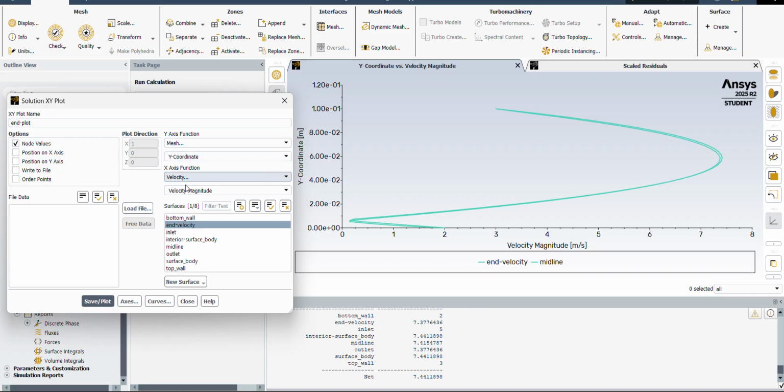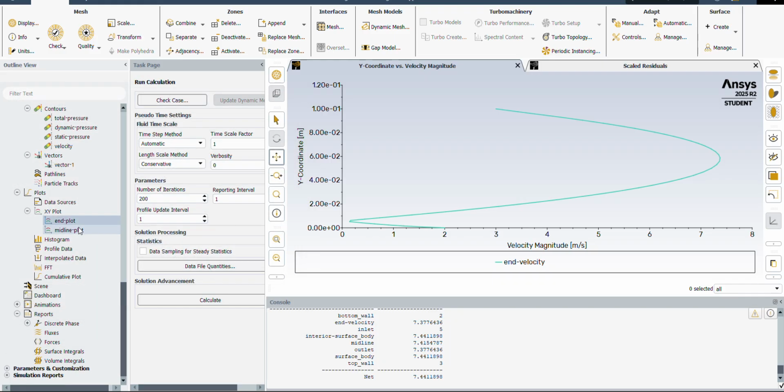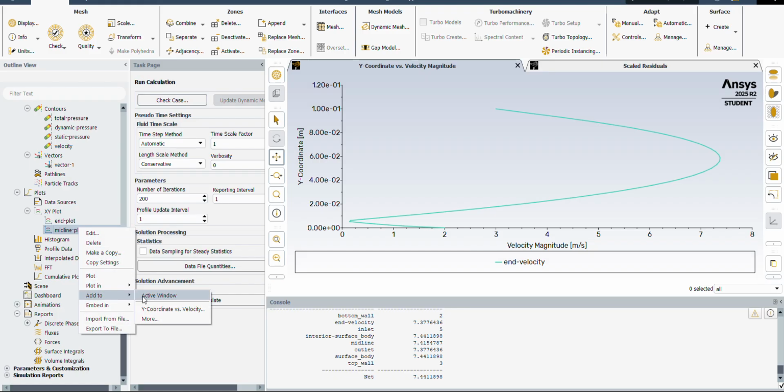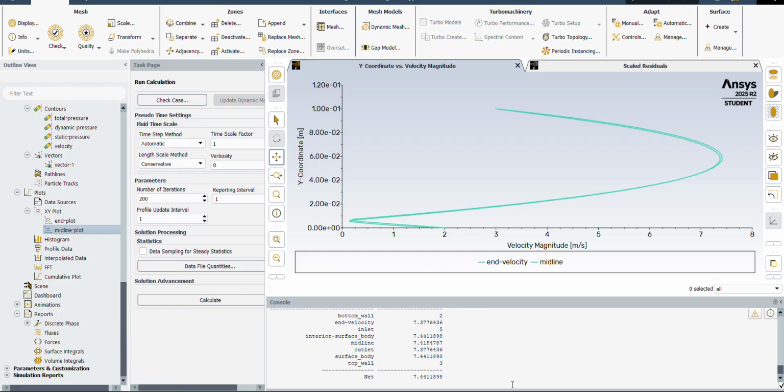We have the mesh, y coordinate, velocity, velocity magnitude, x-axis, click end velocity. Then from here you can right click on the midline plot that we made and press add to, and then add here.